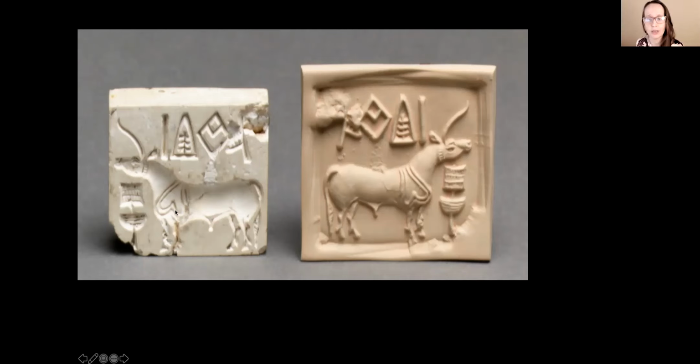Here we're looking at soapstone or steatite, which is quite common in the Indus Valley. These are used as stamps onto clay, typically, to produce an imprint that becomes a badge and a marker. It could be related to trade, to status, or it could also mark ownership.